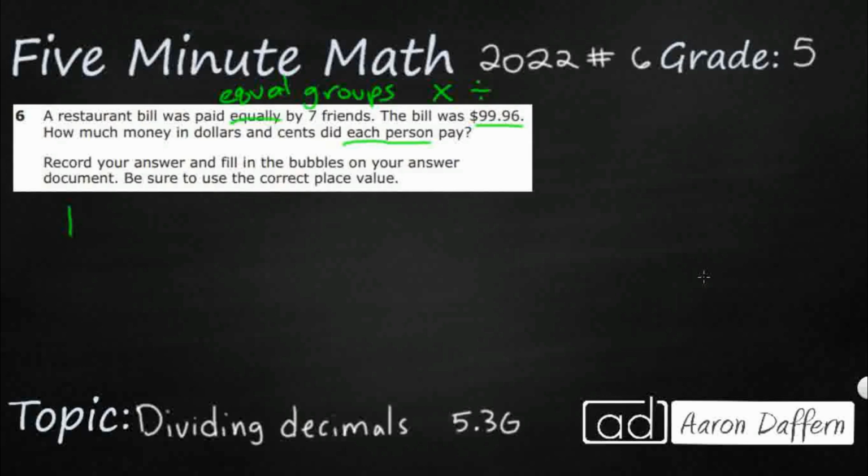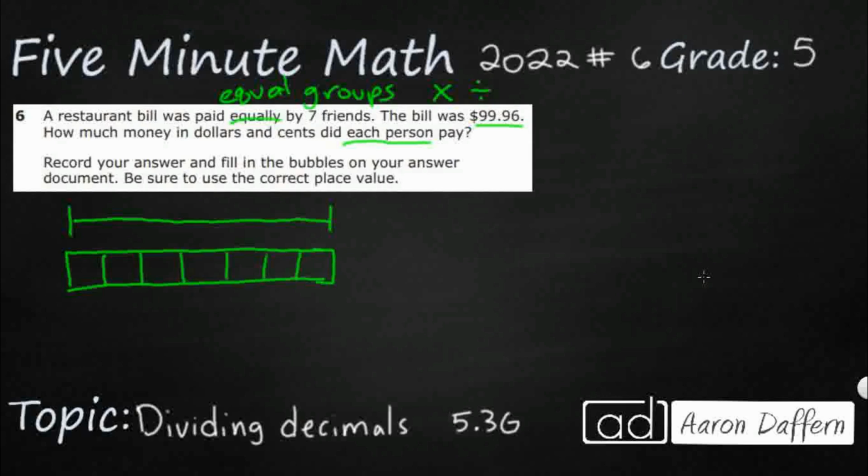So it looks like it's going to be something like this, right? So I've got that total amount. Let's see if I can break this into equal groups of 7 here.